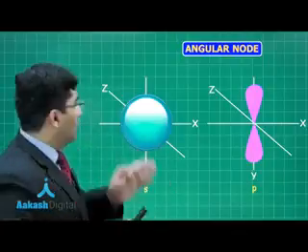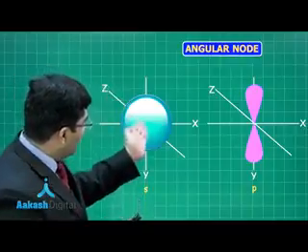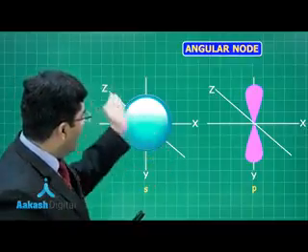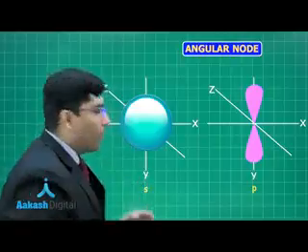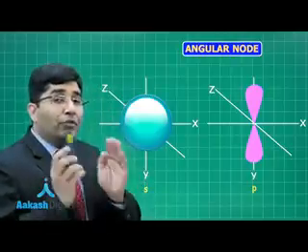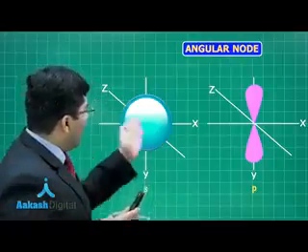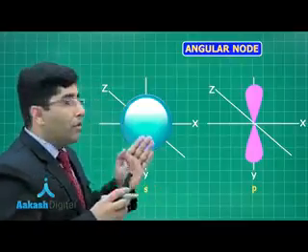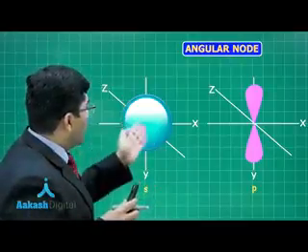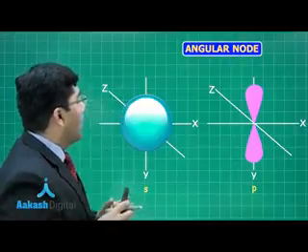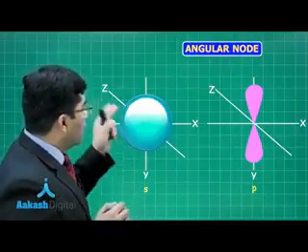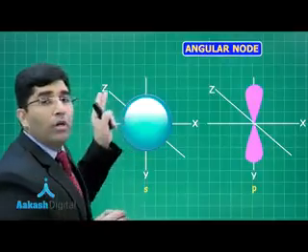Can we cut? If we cut it like this, then the electron cloud will definitely come in between. Here also, because it is spherically symmetrical, we cannot find any plane passing through the nucleus which does not touch the electron cloud. Hence, the angular nodes for S will be equal to 0.